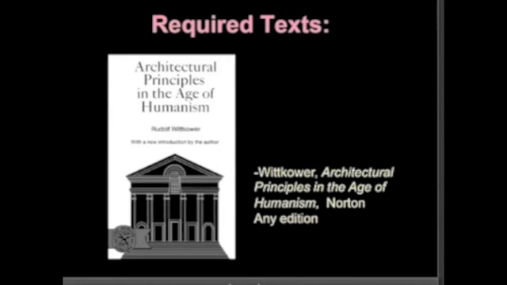So Wittkower is incredibly important because he was a teacher as well as an art historian, and he directly taught and influenced some people whose names you'll be hearing a lot of as we progress through this course, notably Colin Rowe, great architectural critic, and through Colin Rowe, the architect Louis Kahn, for example. So Architectural Principles in the Age of Humanism, great read.